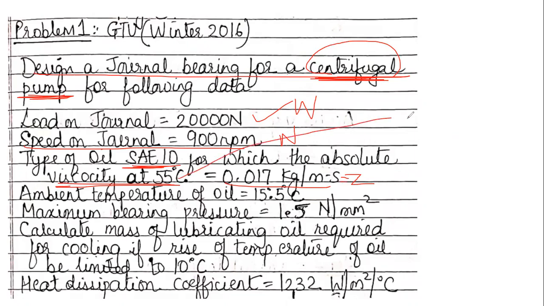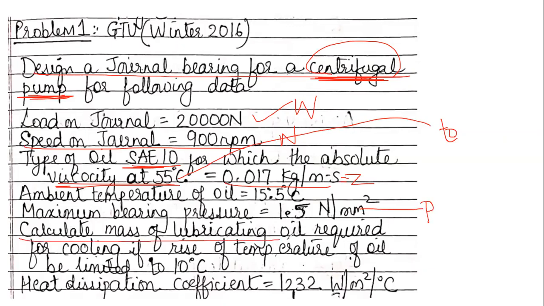And this is our temperature TO. Operating temperature is 55 degrees C, which I told you should be between 26 to 60 degrees C if not given. So here it is given as 55 degrees. Ambient temperature of oil is 15.5 degrees C. Maximum bearing pressure P is 1.5 Newton per mm square.